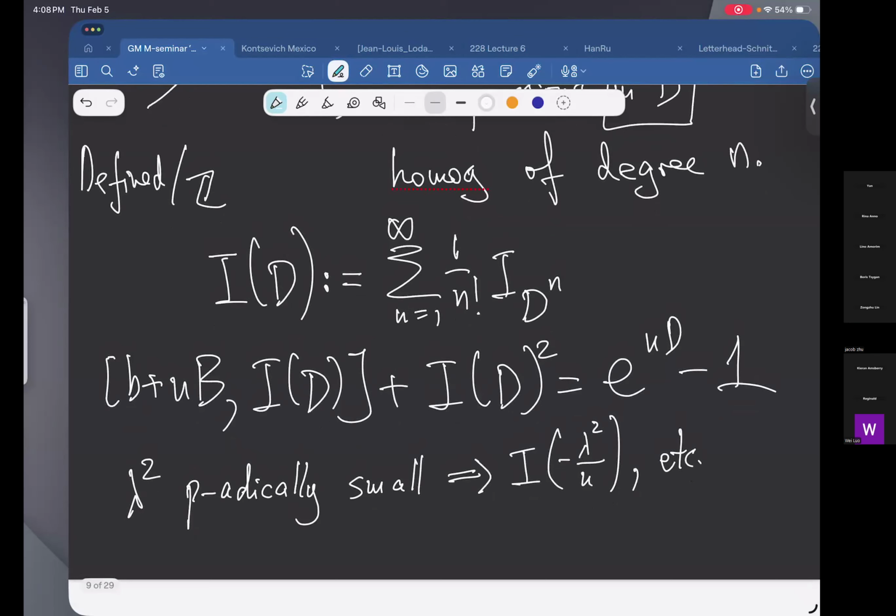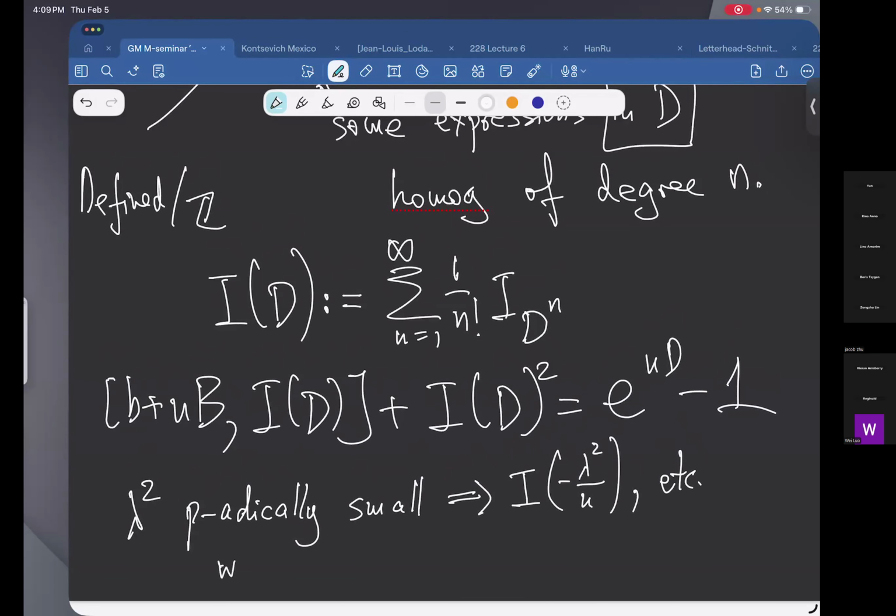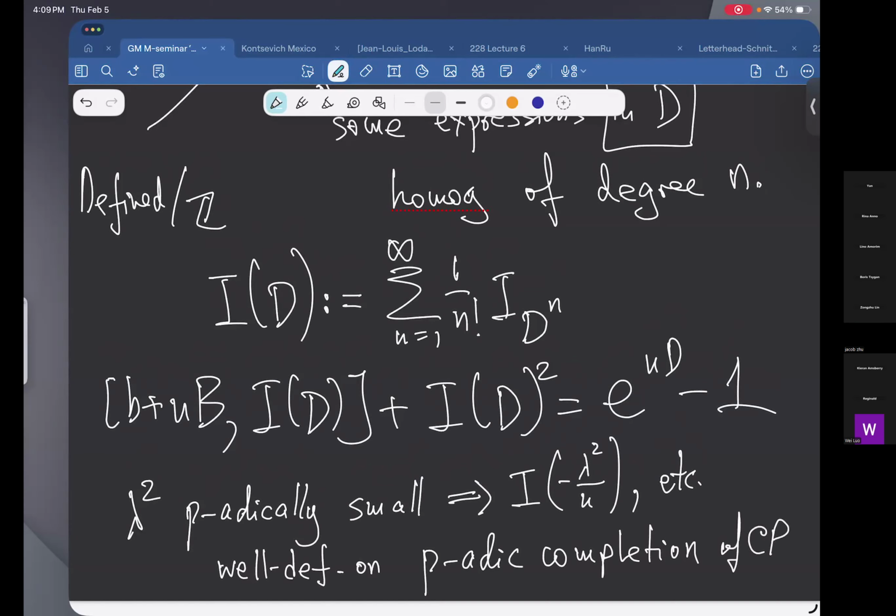Yes, it's a perfectly well-defined operator on the p-adic completion of the periodic cyclic complex, for example, when p is greater than 2.